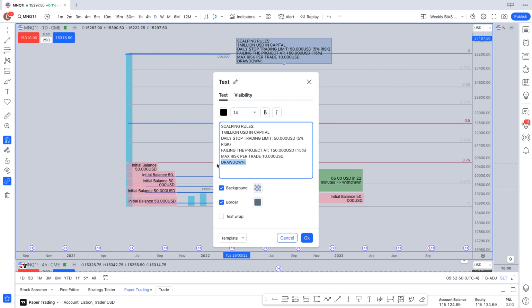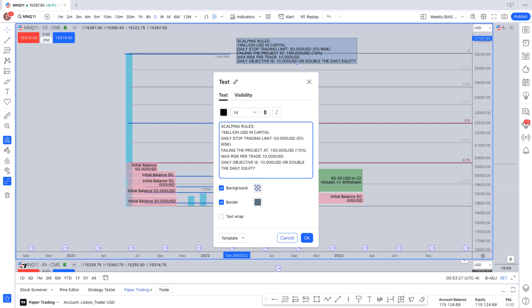And the daily objective is 10k USD, or doubling the equity, the daily equity balance.